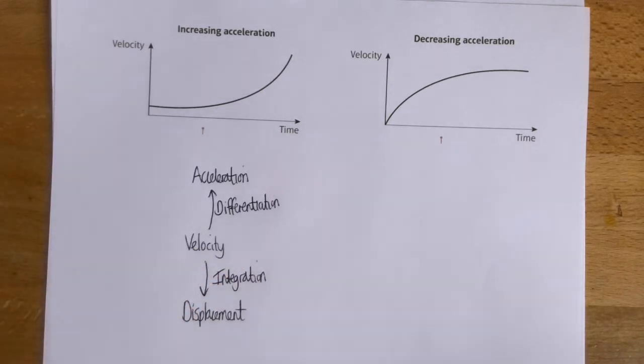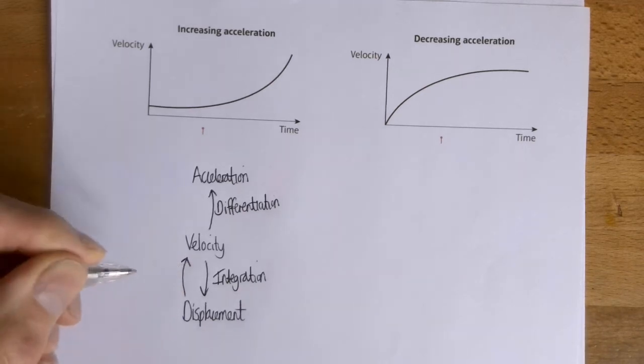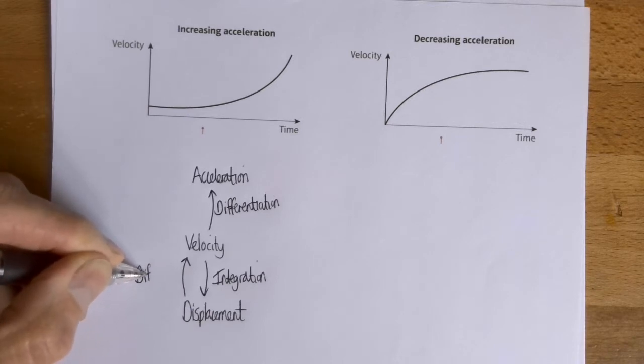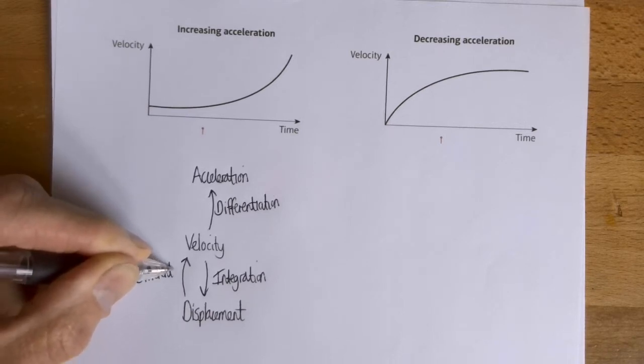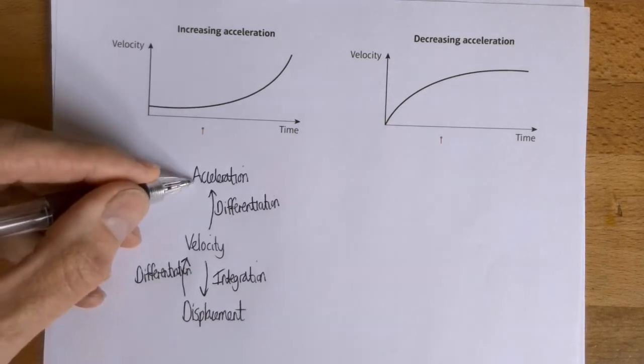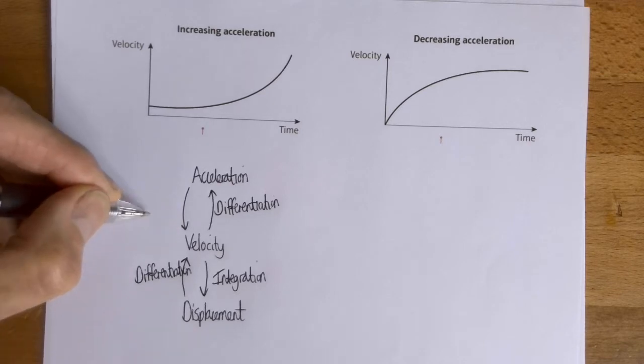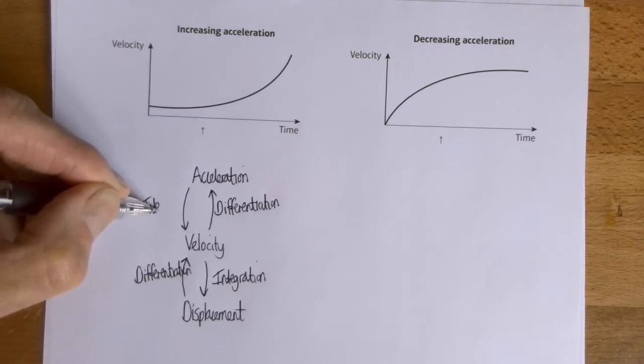And differentiation and integration are inverse processes. So if I know displacement and want to work out velocity, then that's a differentiation. And if I know acceleration and want to work out velocity, then that's an integration.